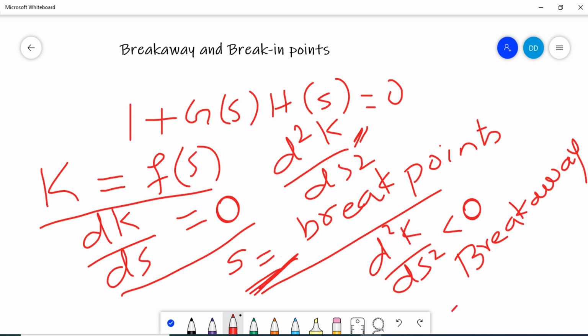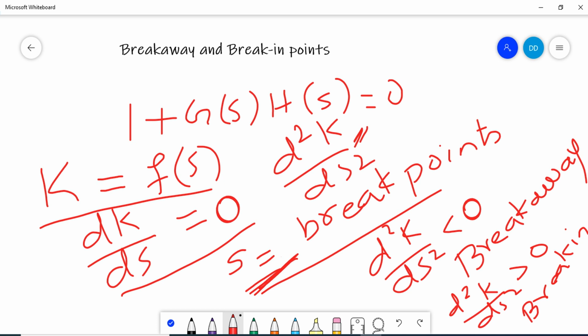If d square K by d s square is greater than 0, then it is a break-in point. So this is how we find the breakaway point.